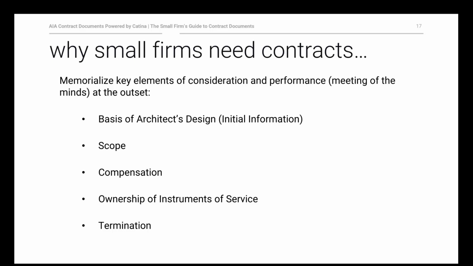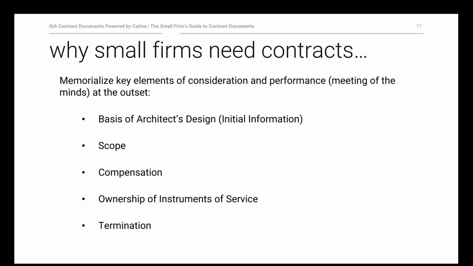Well, all of those things are important as business considerations, and they're important to the relationships of the parties. And so all of those things are covered in AIA documents and are really important for the parties to have memorialized, so that if a question or a problem occurs, you can look to the contract and say, okay, here are my contractual rights.